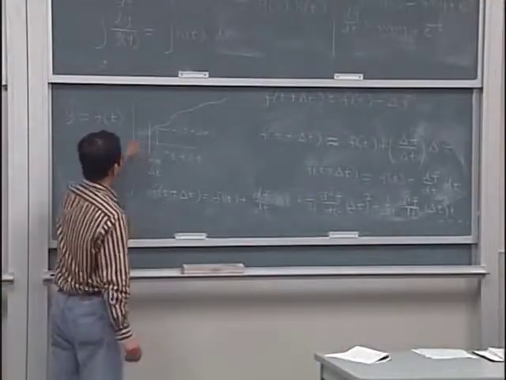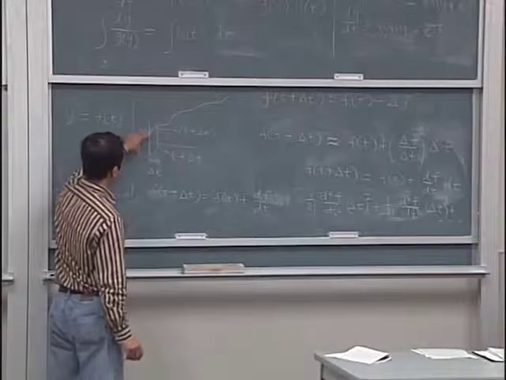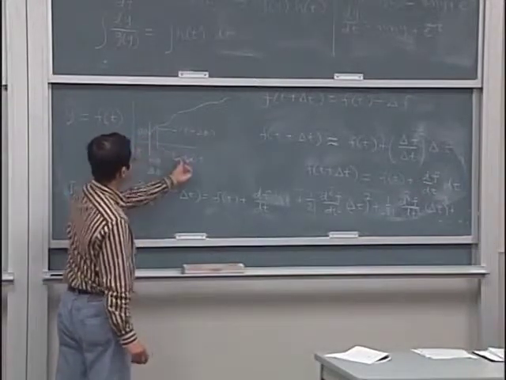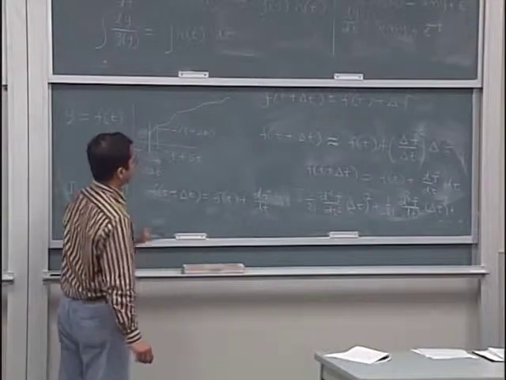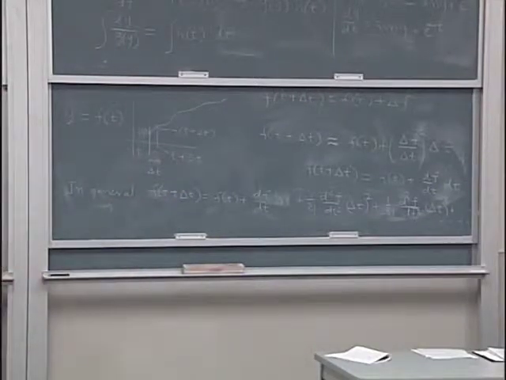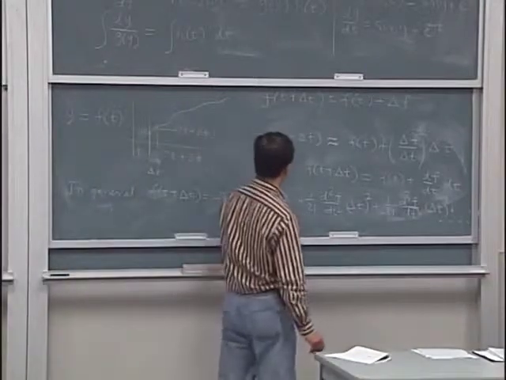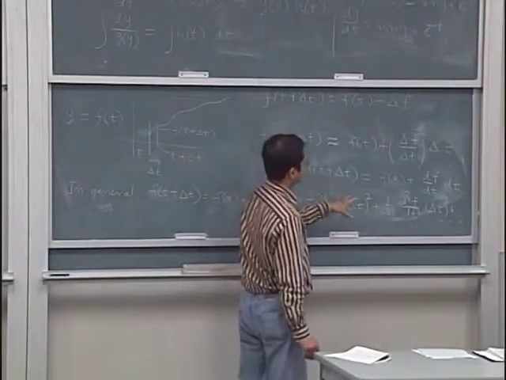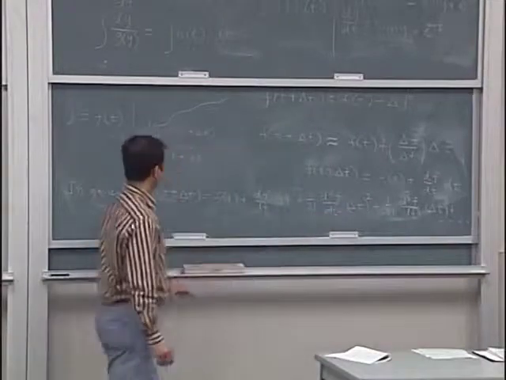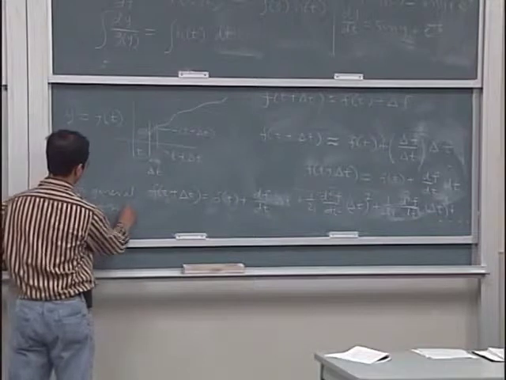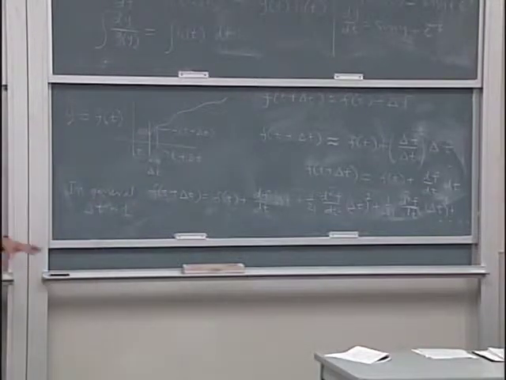So the idea is you know the function at some point in time t, and you want to calculate the functional value after some time t plus delta t. Now depending on how small or how large delta t is, you need to keep terms of the order of delta t square, delta t cube like that. So suppose delta t is 1. Then what is delta t square?